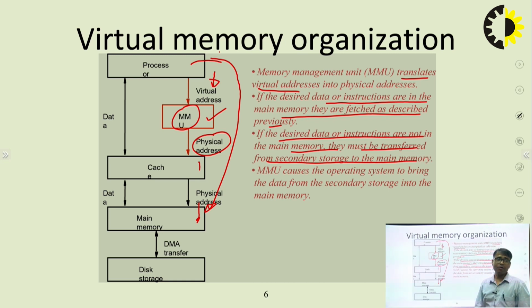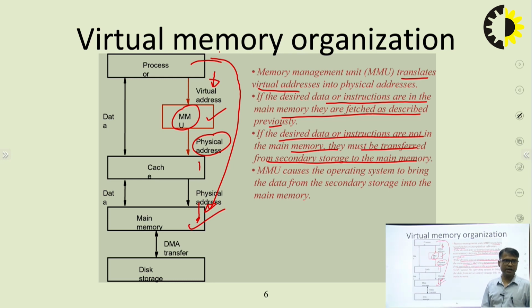Now, an important question that comes to mind: then certainly the process has to wait and the efficiency will come down. So at that moment, the operating system takes care, stops the currently executing process, suspends it, and gives another process, which is currently in the main memory, to the CPU. So there will be utilization of the processor.